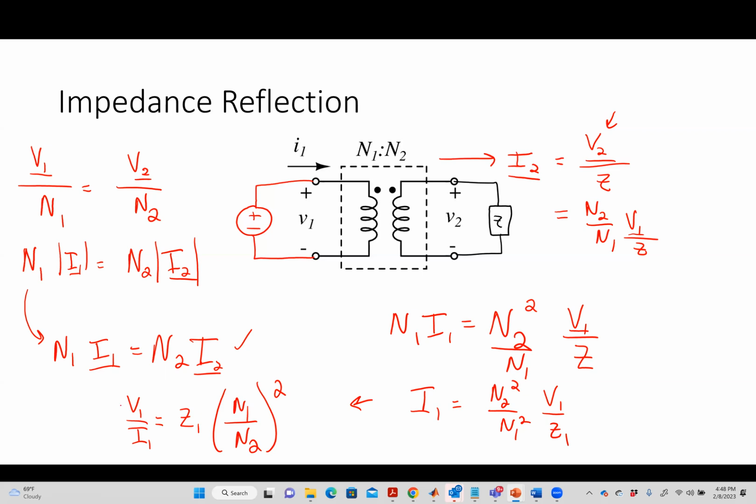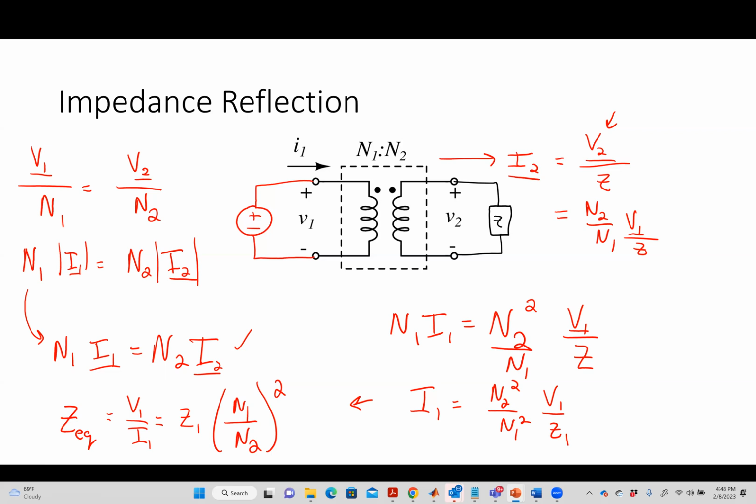What is V over I? What units does that have? Ohms, right? That's an impedance. So what I sometimes call this is a Z effective or a Z equivalent. It's basically saying, if I put a voltage onto the primary and I measure the current that goes into it, the current that I measure is basically being drawn by this equivalent impedance.